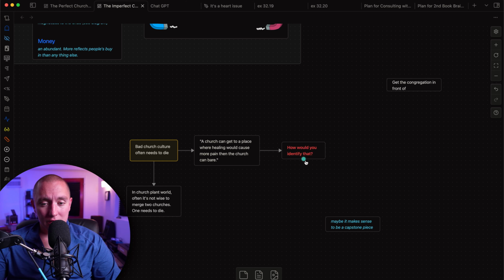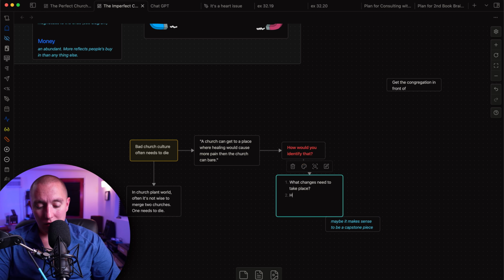I think here you would have to do an energy... I think it'd be kind of a step list, right? So what changes need to take place? How much pain will those changes cause?